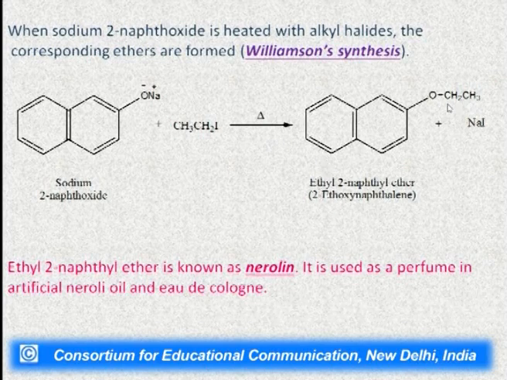This is ethyl, this is naphthyl, this is the ether linkage. So we get here 2-ethoxynaphthalene. This 2-ethoxynaphthalene is known as nerolin, and it is used as a perfume in artificial neroli oil and the eau de cologne substance.